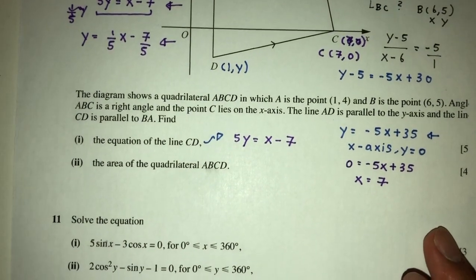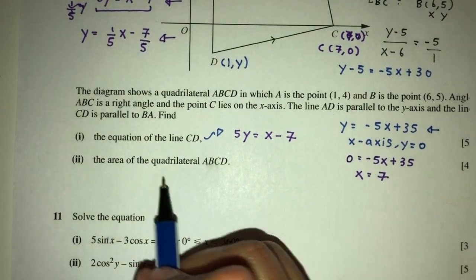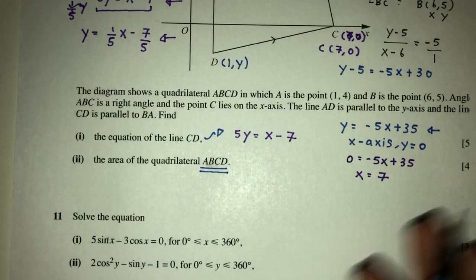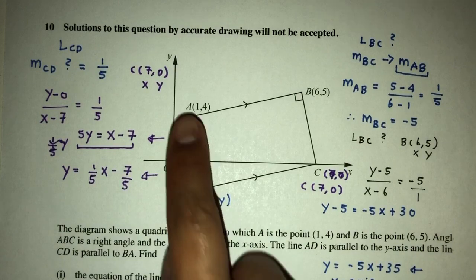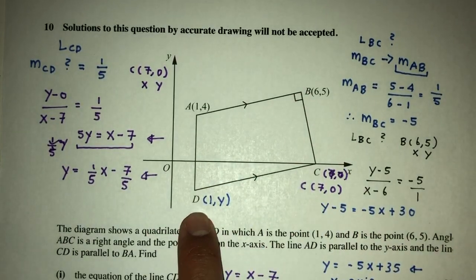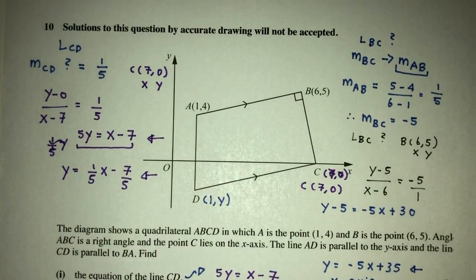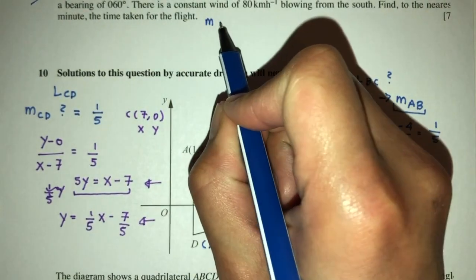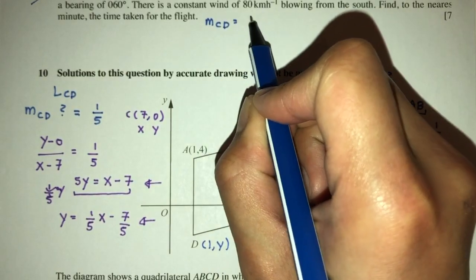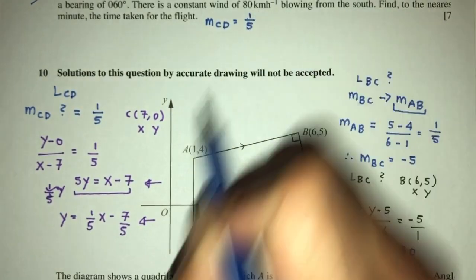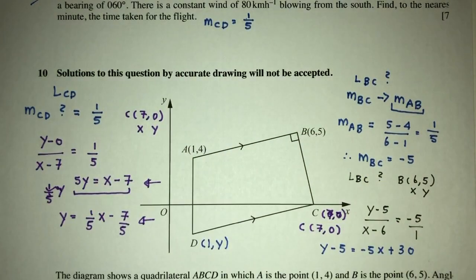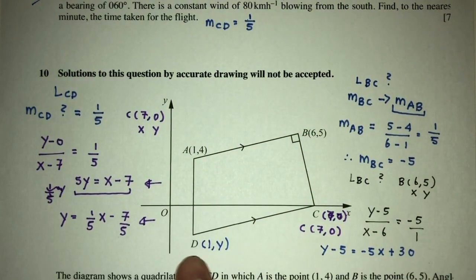Now for part 2 of the question, we have to find the area of the quad ABCD. So from all the points that we need, we have A, B, C that we know. We just have to find the point D. So this is pretty easy. Let's see what we can use. So we know that the gradient of CD or DC, same thing, is 1 over 5. As you can see here, we know this is the same as this, so we know this is the value. Now, we can use those 2 points. Let's pretend to find the gradient.